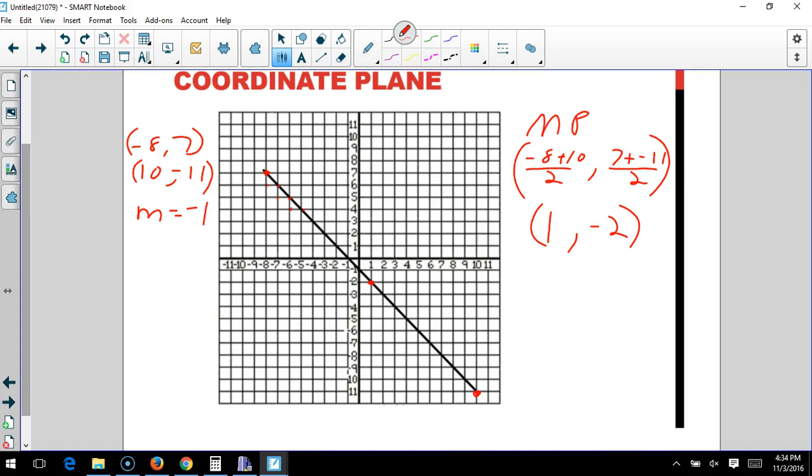So what is the perpendicular, opposite reciprocal of down 1, right 1? The perpendicular slope would be positive 1 over 1, or just 1. Which means we're just going to go up 1, right 1, and so forth. That line right there is perpendicular to that line.